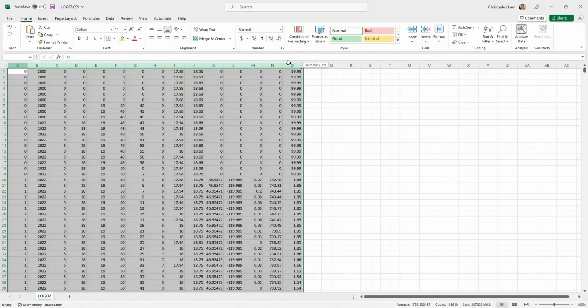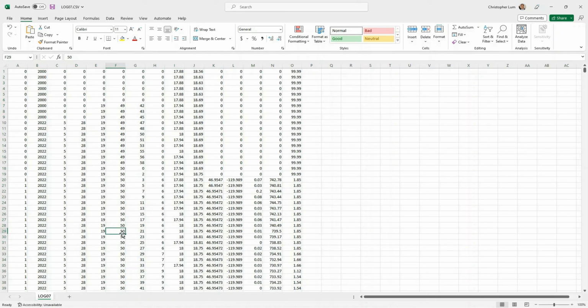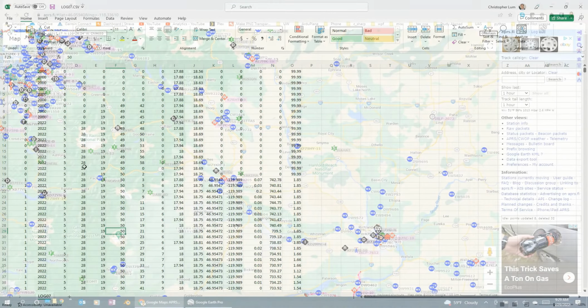So this is great if you're able to recover the payload box, but if for whatever reason you lost it, or in order to track the progress online during the mission, you actually need the APRS tracking system to send live telemetry back to the ground station. So we saw that worked pretty reasonably well, but now let's take a closer look at some of those packets and see how it performed.